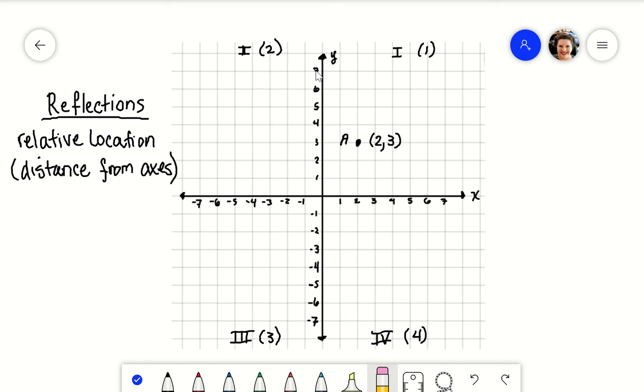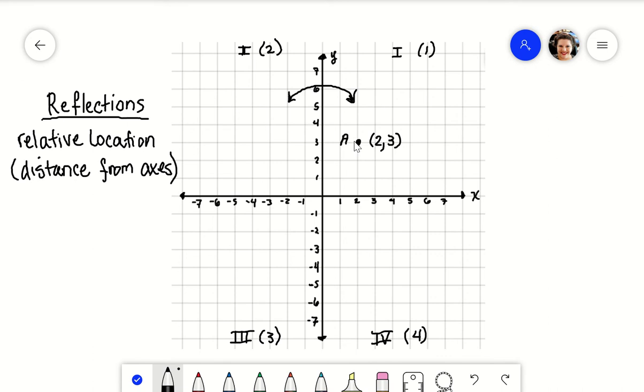So the first thing I'm going to do is reflect this point over the y-axis. So that means I am going to flip my point from the left to the right. You can either go from left to right or right to left. And you'll notice this isn't going to affect whether it goes from the top to the bottom. It's going to stay on the top because it starts on the top.